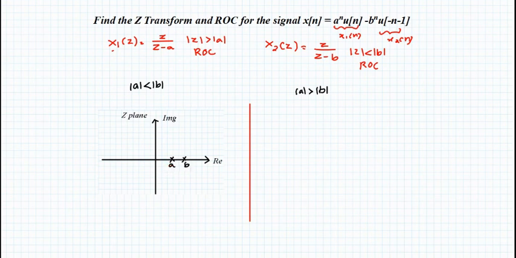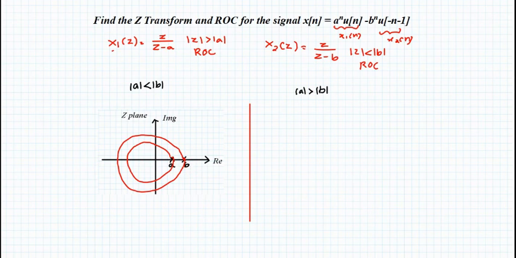And you can construct two circles here. One, a circle with radius a. Okay, we got one circle. Another circle with radius b. So we got two circles, one is z is equal to a and the other z is equal to b.